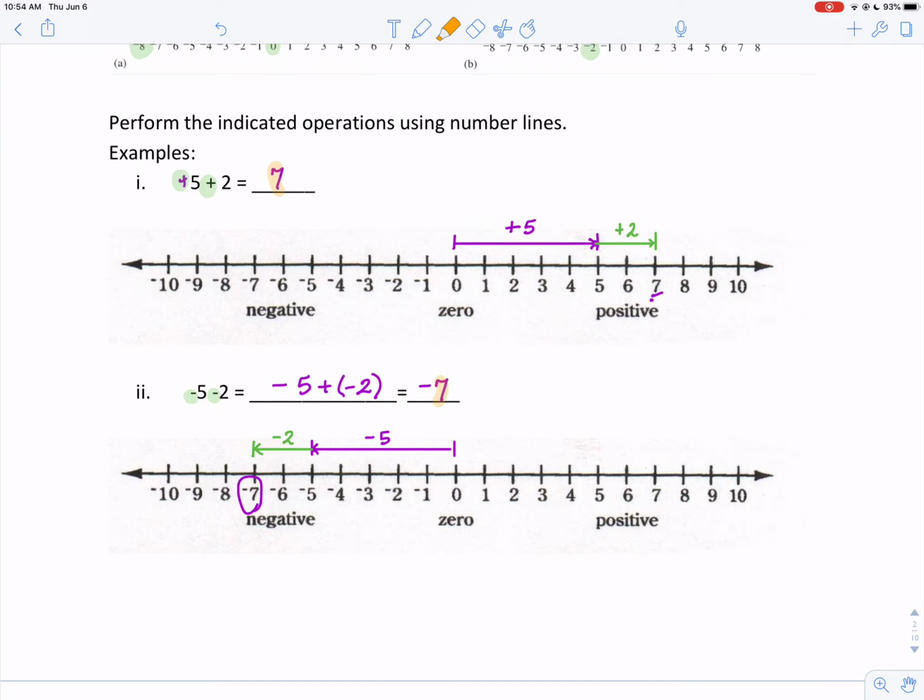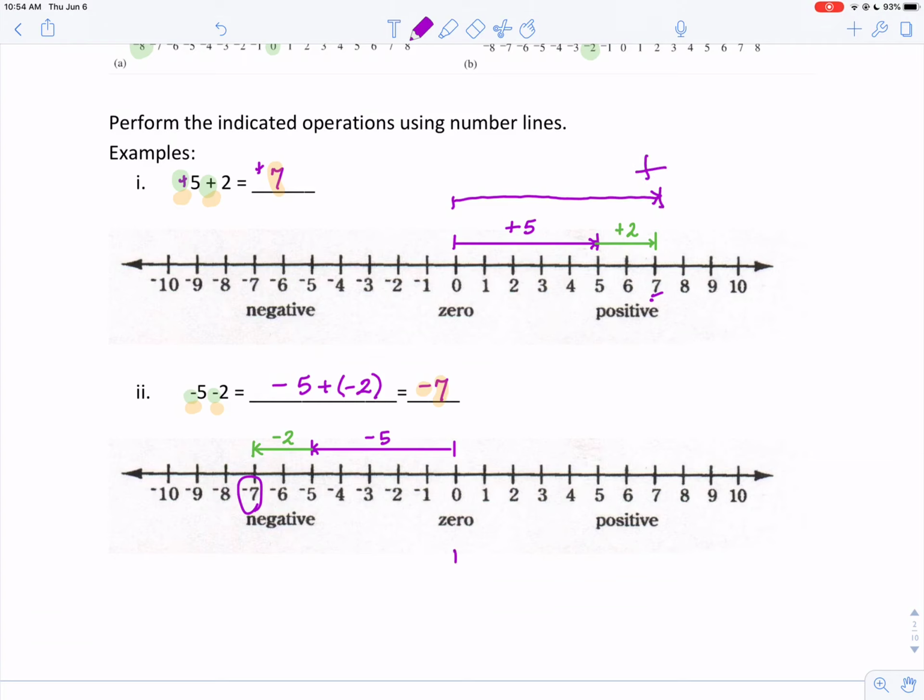Now what about the sign? Well, notice the sign of the first two. The first one, it's a plus 5 and a plus 2. Therefore, my answer was positive. The second one, both of them were negative. Therefore, my answer was negative, which makes sense because if you start at 0 and you go in the positive direction for 5 and then keep going in the positive direction, of course you're going to wind up in the positive direction.